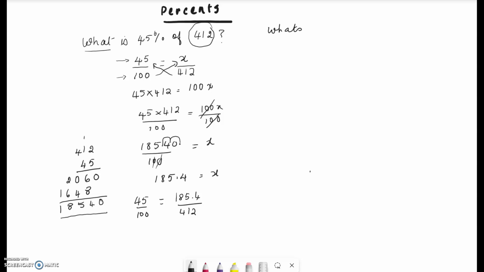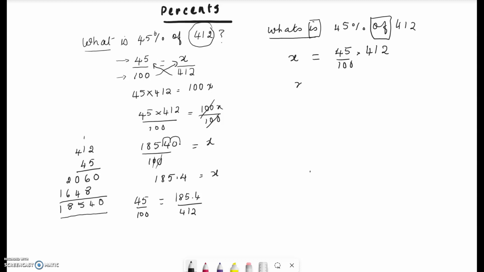What is 45% of 412? So let's say we don't know what it is, so we're going to say blank, which is x, is equal to 45%, 45 over 100 of, so that's times 412.